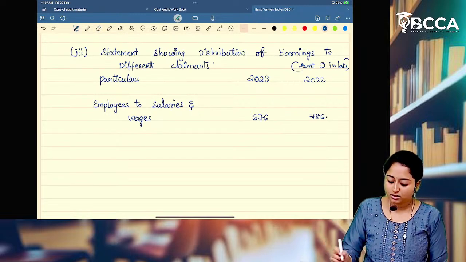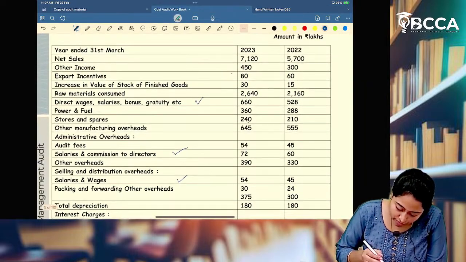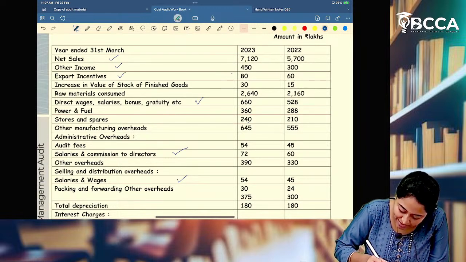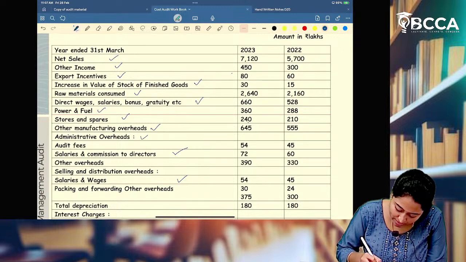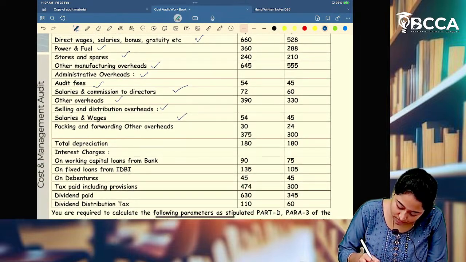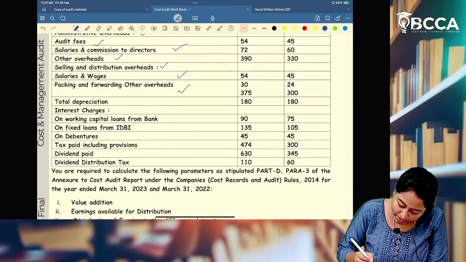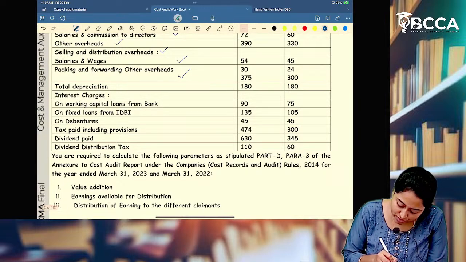Okay. Now, next, after that, we have considered net sales, other income, export incentives, increase, raw materials, power and fuel, stores and spares, other overheads, administrative, audit fees, other, this is also considered, packing and forwarding considered. Total depreciation will not be taken here. Interest charges on working capital.